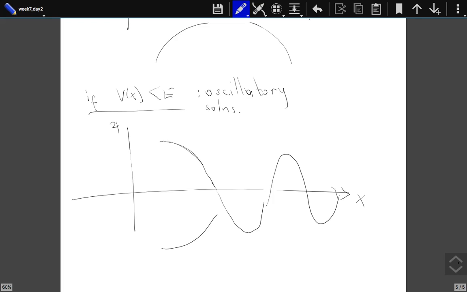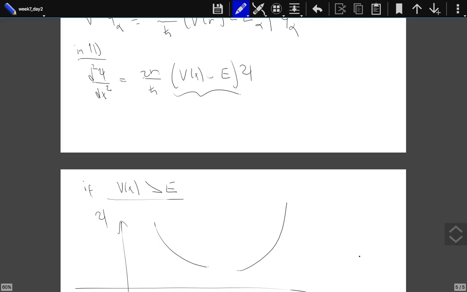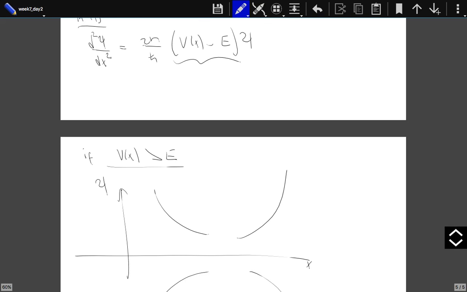So we have oscillatory solutions. This is what's called the classically allowed range. Classically, the particle can only be in regions where its energy is larger than the potential energy. But in the classically forbidden region, where the energy of the particle is less than the potential energy, the wave function can still be non-zero, but it will be exponential.